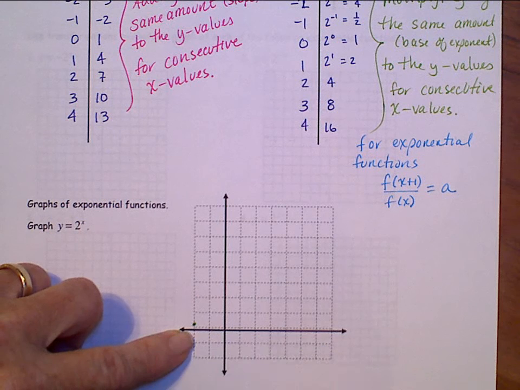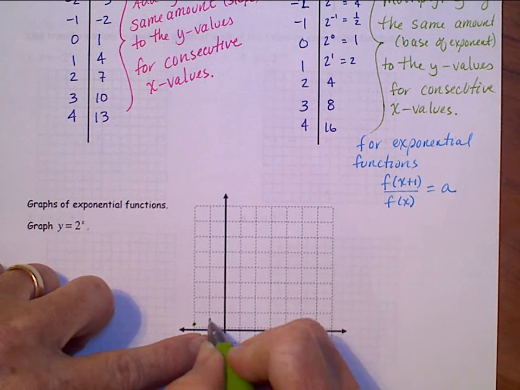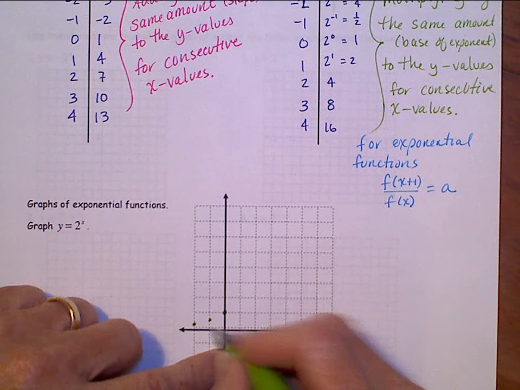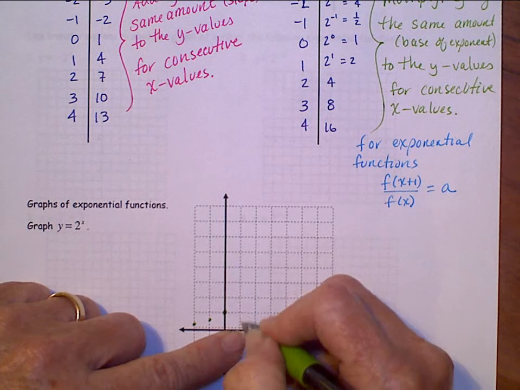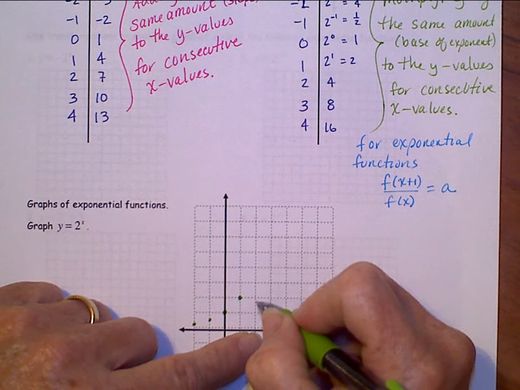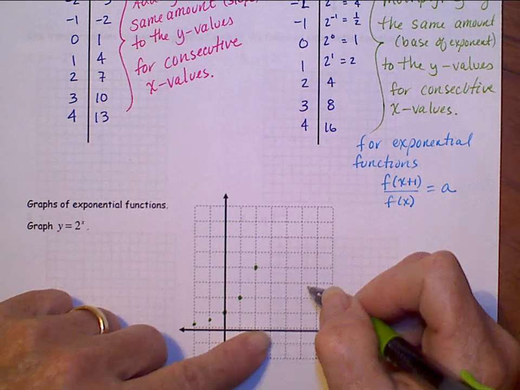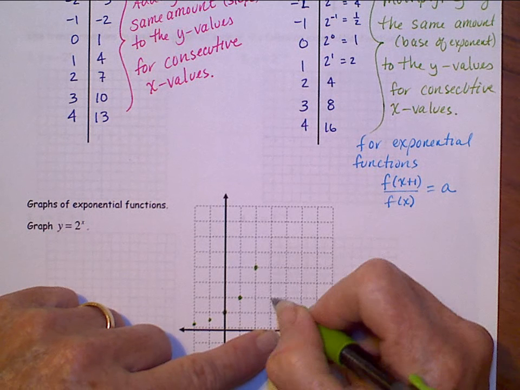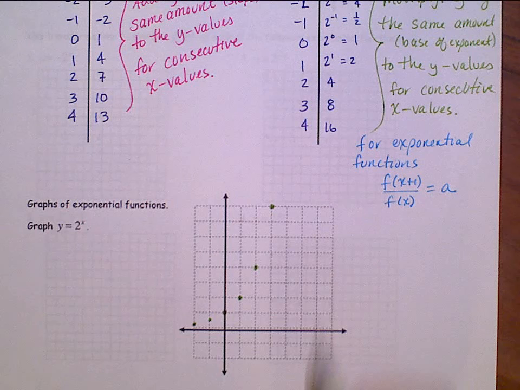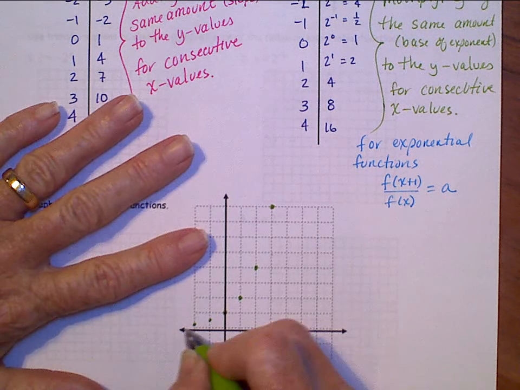Right there. -1 is at a half. 0, 1. 1, 2. I'm sorry. 2, 4. 3, 8. Okay. We can sketch that in now.